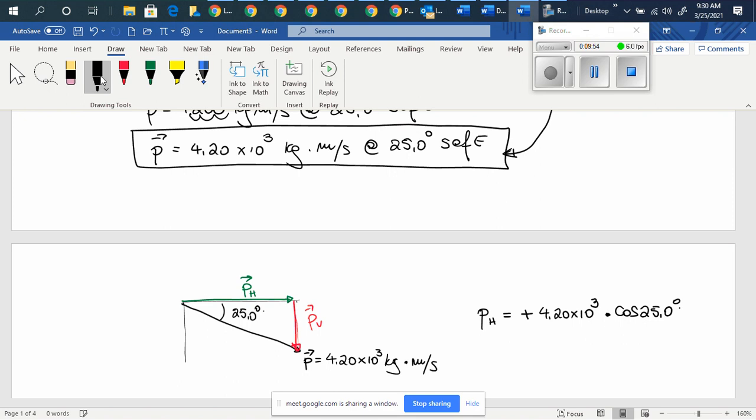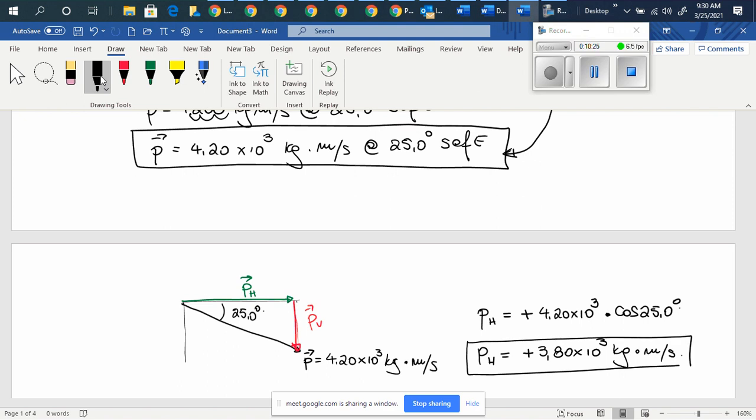Make sure that the mode of your calculator is in degrees, because this is a common mistake that is happening, especially to students that are taking math at the same time as they are taking physics. So this will be 3.80 times 10 to the power of 3 kilograms times meters per second. And this will be the horizontal component of the momentum.